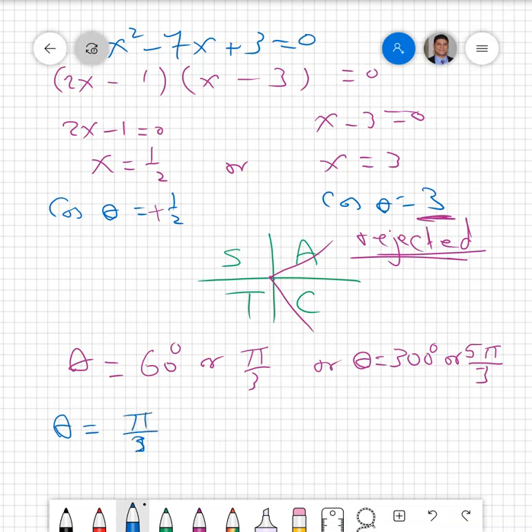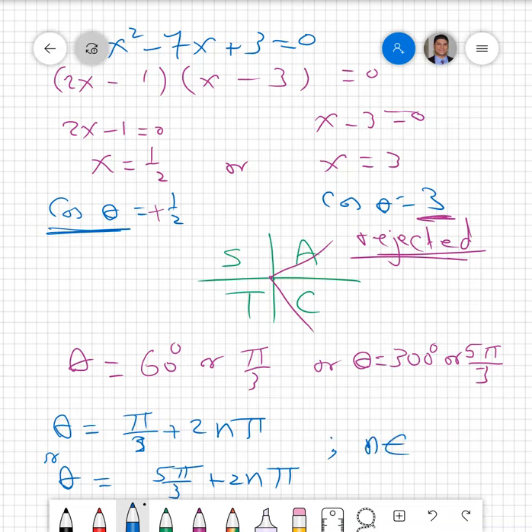As we learned before, period of cosine is 2 pi, so plus 2n pi, or theta equal 5 pi over 3 plus 2n pi, such that n belongs to z. That means n is an integer.